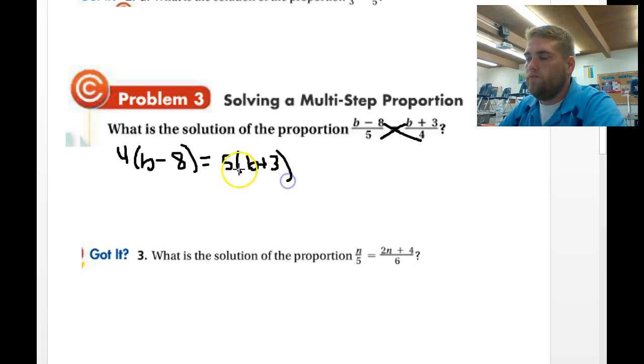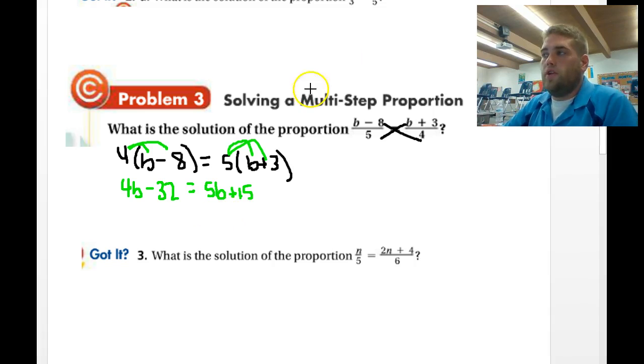Remember, when we have this number outside of our parentheses, we distribute. So we distribute here and we distribute there. So 4 times b gives me 4b minus 4 times 8 gives me 32, equals 5 times b is 5b, and 5 times 3 is 15. Then we go back to what we've been doing.